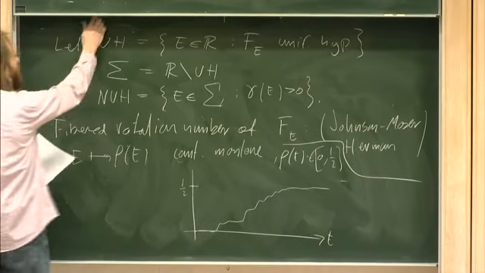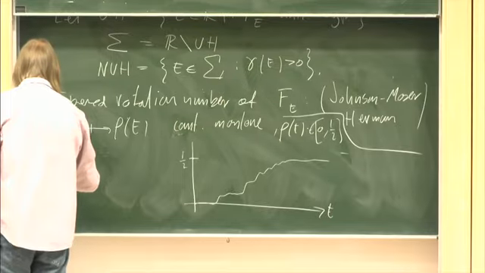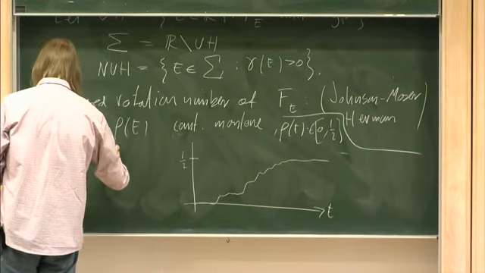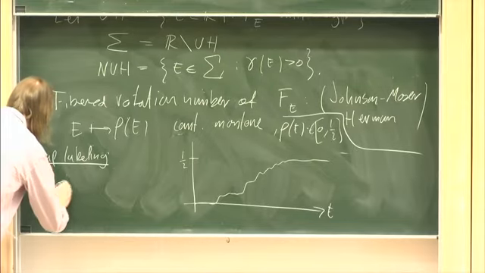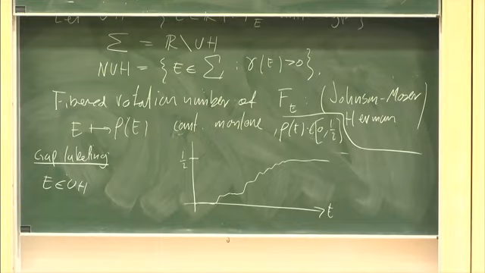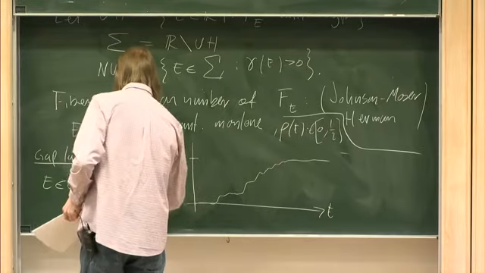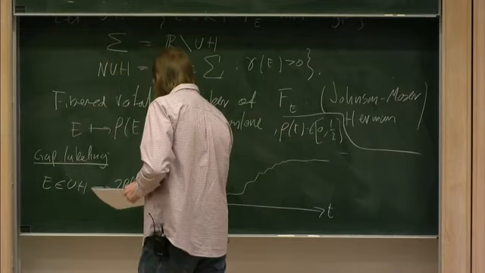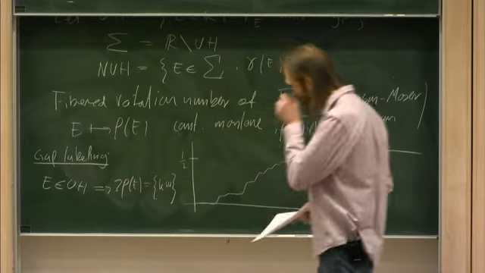And then it's the famous gap labeling. So we have the gap labeling, which says the following: if I take a parameter for which the co-cycle is uniformly hyperbolic, then I know that 2 times the rotation number has to be equal to the fractional part of k times omega, where k is an integer.